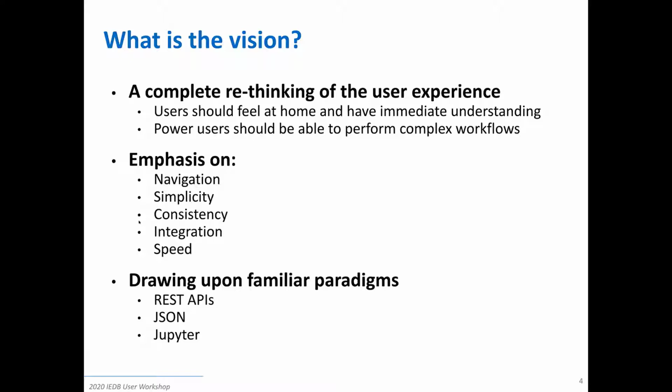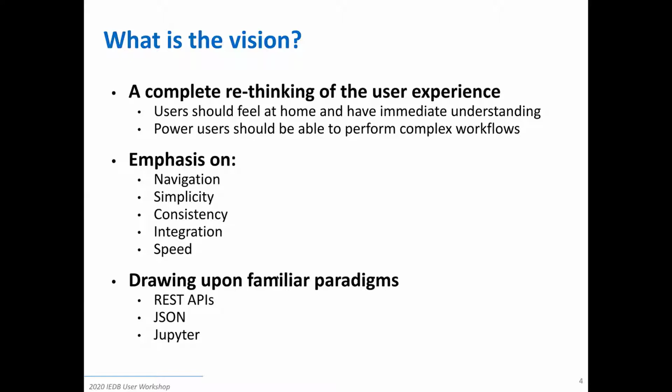Consistency throughout the tools, being able to integrate the tools, so take the output of one tool and use it as the input for another. And also speed. We want to be able to accommodate a reasonable size, real world data set in a reasonable amount of time. That's an intentionally vague statement, but we want it to be snappy.